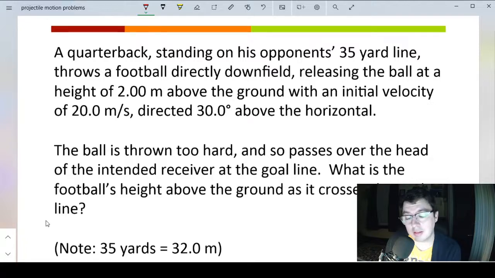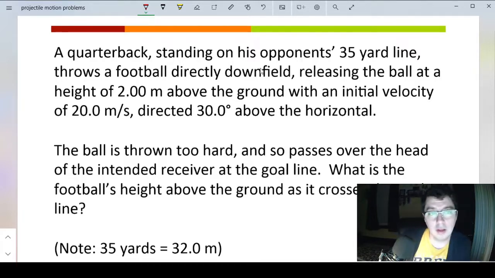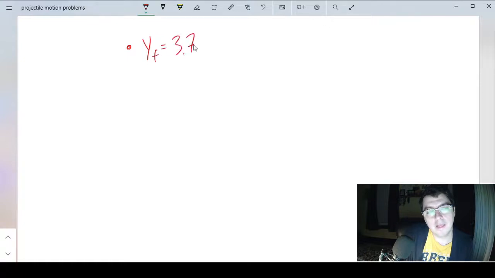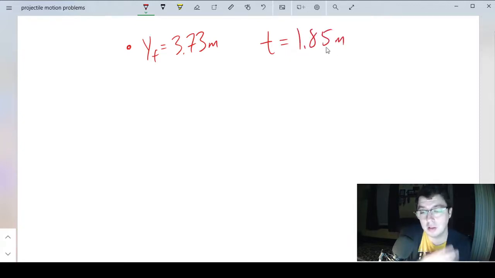So I'm going to ask on Blackboard 3 questions. I want to know the x component of the final velocity. I want to know the y component of the final velocity. And I want to know the speed of the ball when it hits their hand. So you're going to resolve those as a vector. To recap, we found that y final is 3.73 meters, and the time that it took is 1.85 seconds, and the other information is given in the problem.